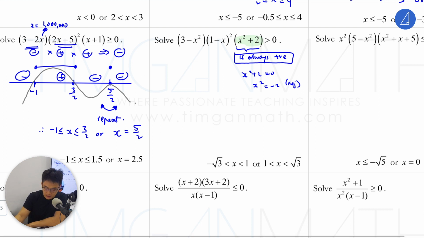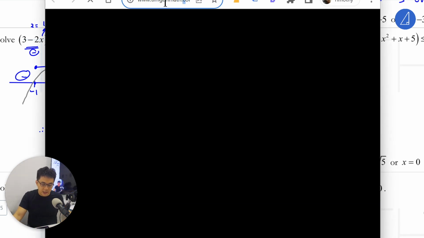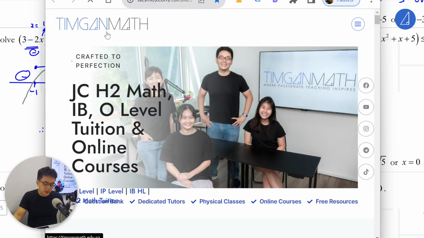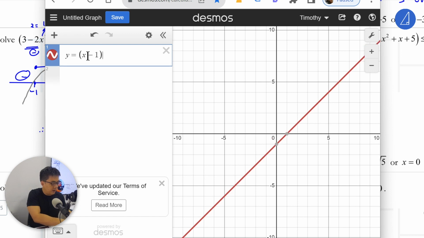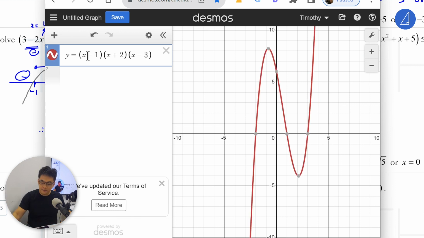If you imagine, I'll show you. If you put it in the calculator, it's quite easy. So you see y equals to, let's say, x minus 1, x plus 2, x minus 3. This is the graph here.